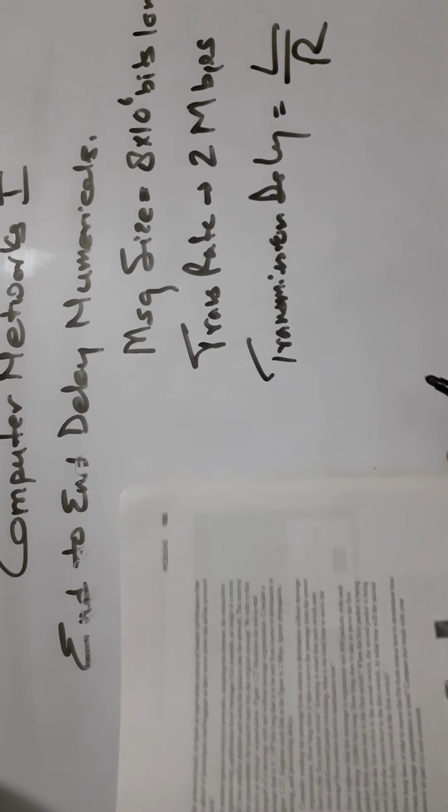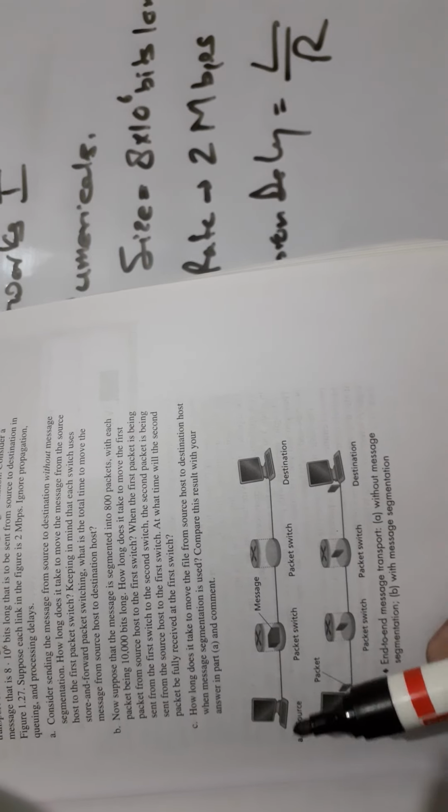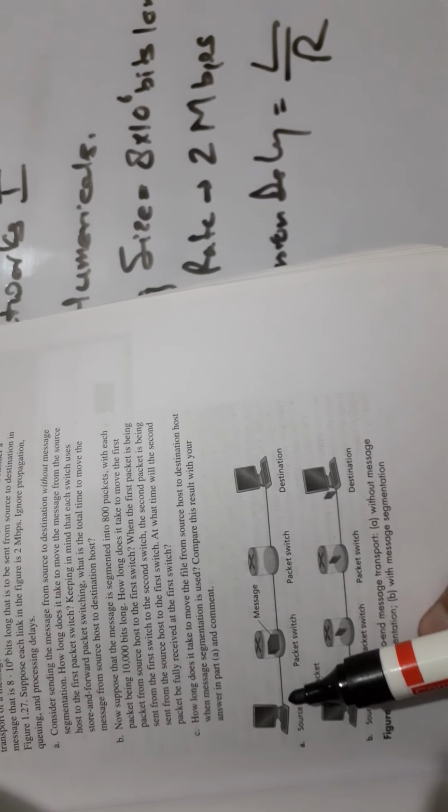As you can see in the diagram in figure 1.27, 2 computers, source and destination, are connected with 2 routers. First one is this, second one is this. So these 2 end systems are connected with 2 routers and 3 links, 1, 2 and 3.